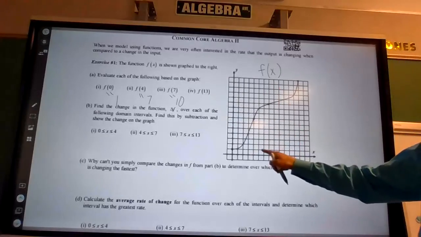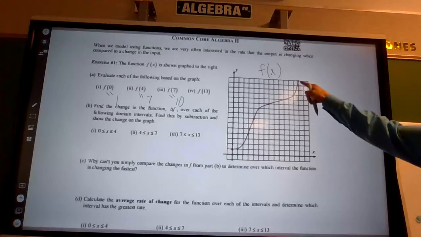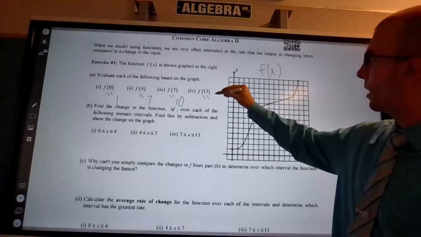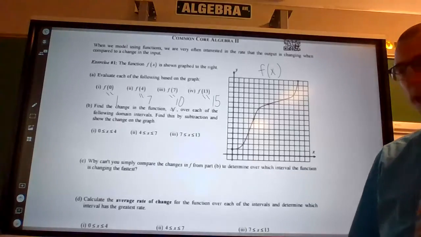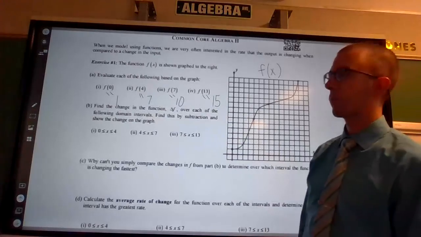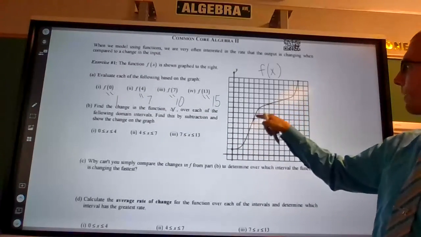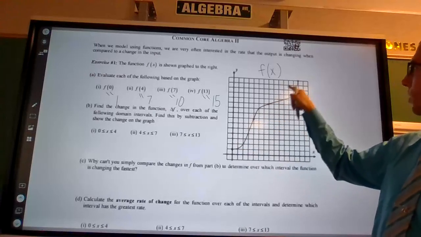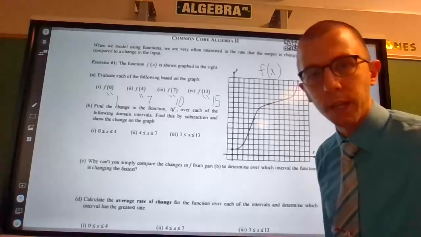And f of 13, this last one over here, when x is 13, the function or y value is 15. Okay? It was nice that each of the points we were asked to evaluate were very distinct on our graph here. First one, second one, third one, fourth one. Okay? So those are our function values for each of those.